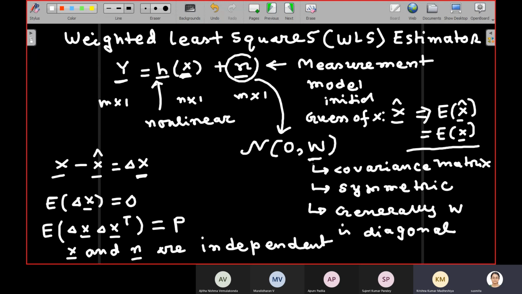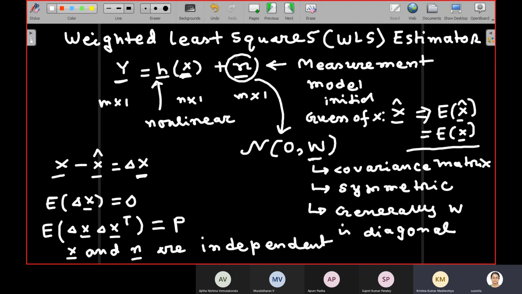What does it imply? Now, if the second element of W is very large, it implies that the second element of N is also likely to have a large variation, because the diagonal elements actually show the variances of the individual elements of N. So variance is large means it has a large spread, and the second element of this N vector will have a large variation, large spread.